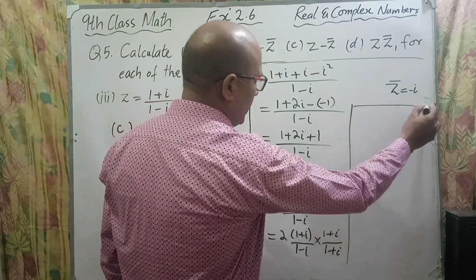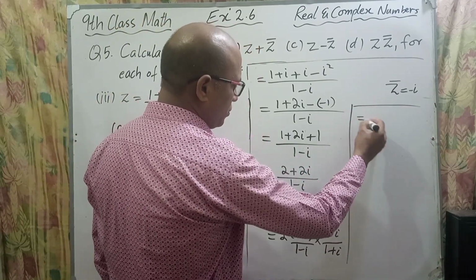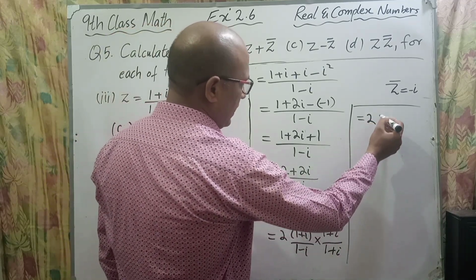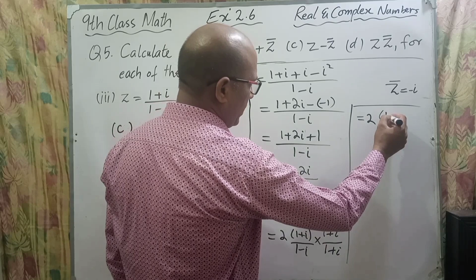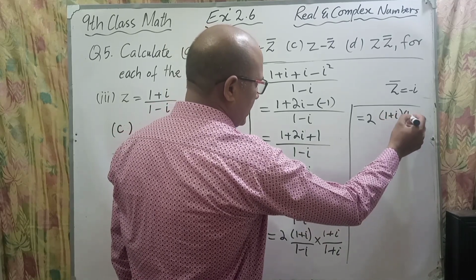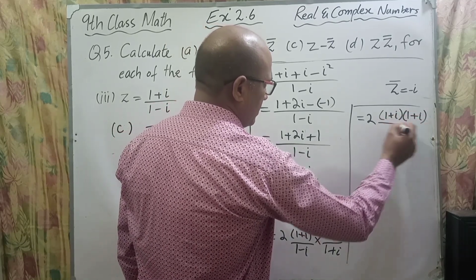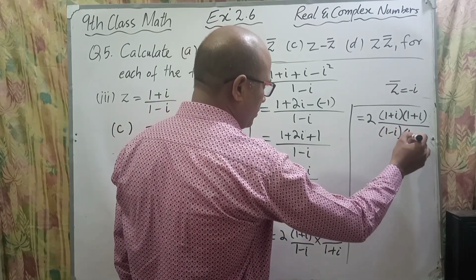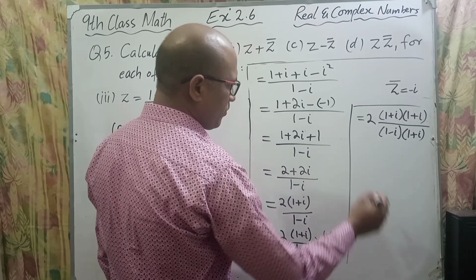So we have a space over here. We can do the rest of the steps. 2 as it is, and numerators will be multiplied by numerators, as well as the denominators: 1 minus iota into 1 plus iota.